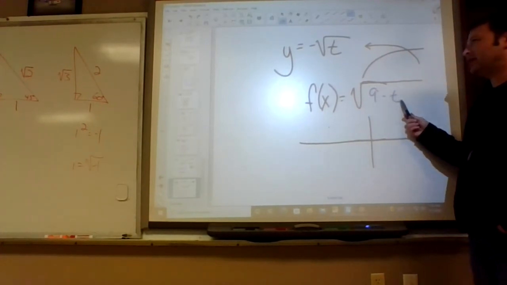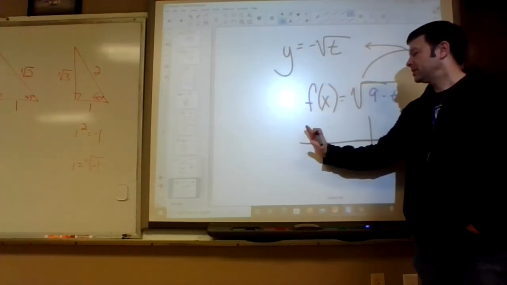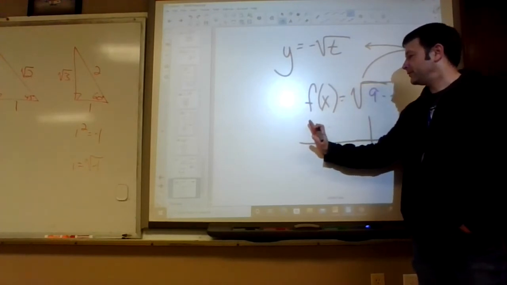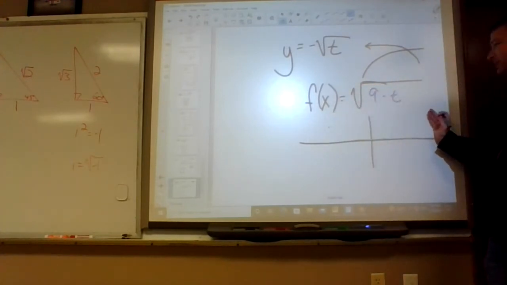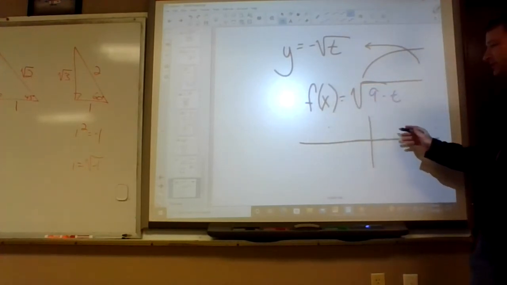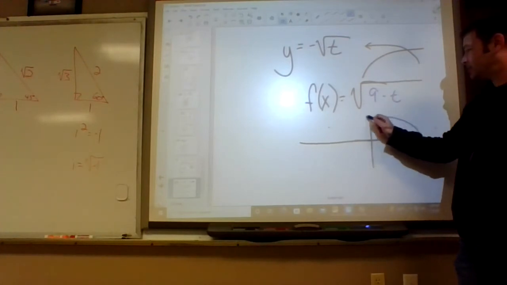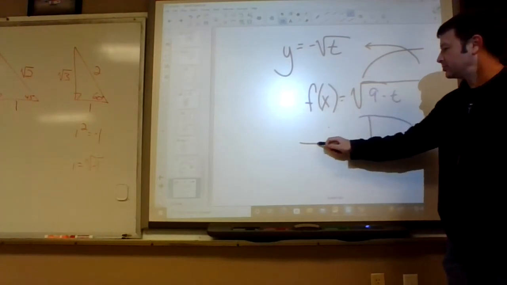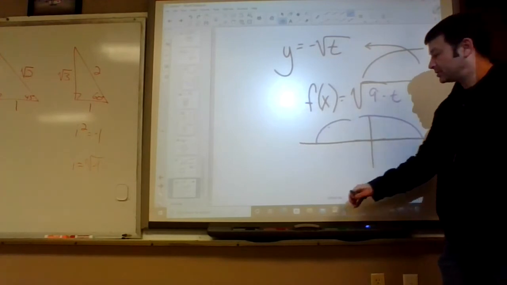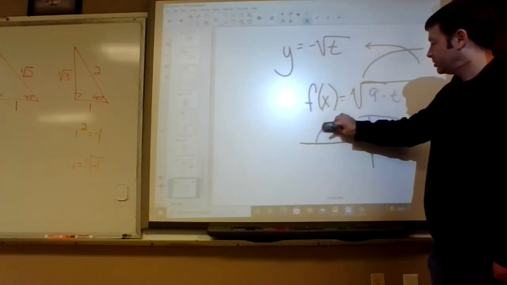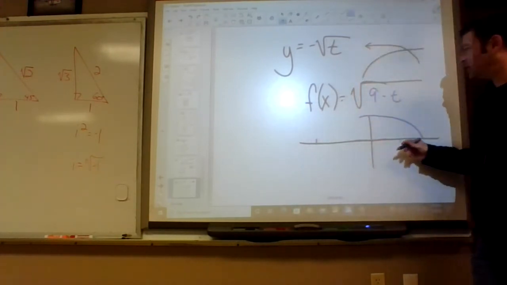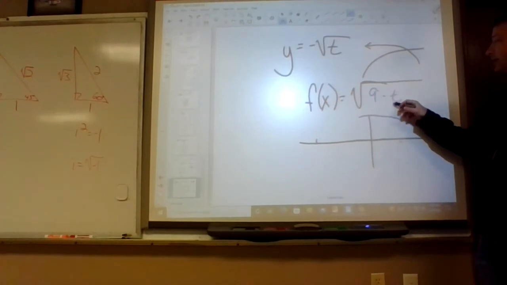If we plug in 9, yeah, okay, I got it. We should have moved left 9 first and then flipped it back this way. So it looks more like this. Move it left 9 and then flip it to the other side. That's what happened. If I plug in positive 9, what do I get right here?